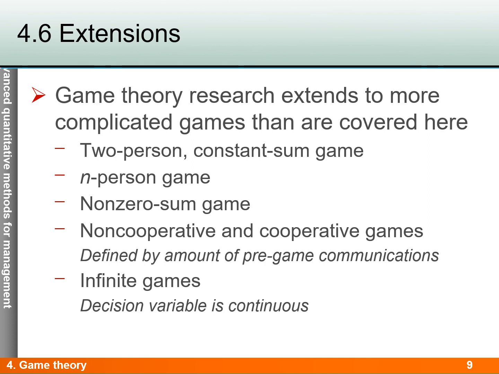Let's wrap up the concept of game theory, okay? As you remember in the first slide of the game theory, I told you there are different types of games that are more complicated in comparison with the two-person zero-sum game, for example, two-person constant-sum game, n-person game, non-zero-sum game, non-cooperative and cooperative games, or infinite games, okay?